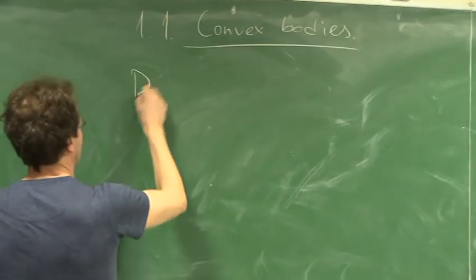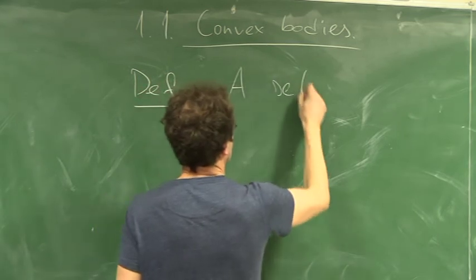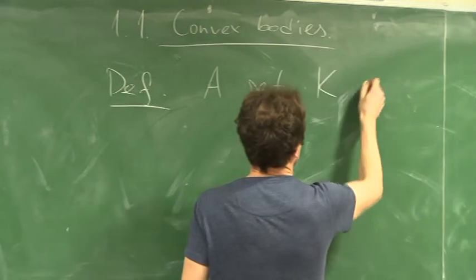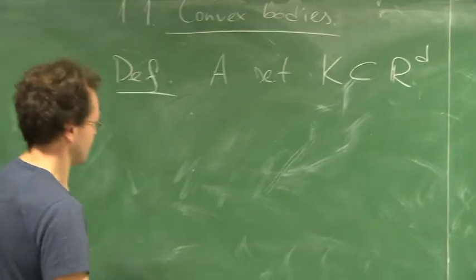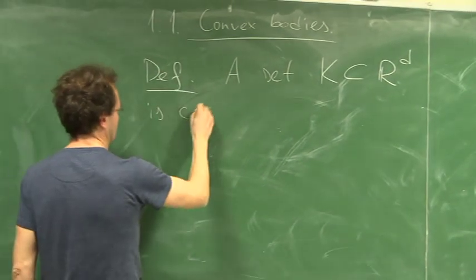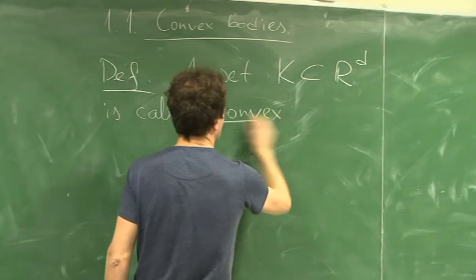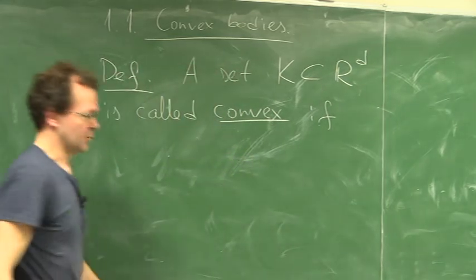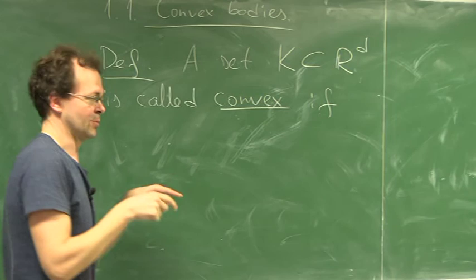So, a definition: a set K, which is a subset of R^d, is called convex if together with any 2 points in this set, it contains also the whole segment between the points.